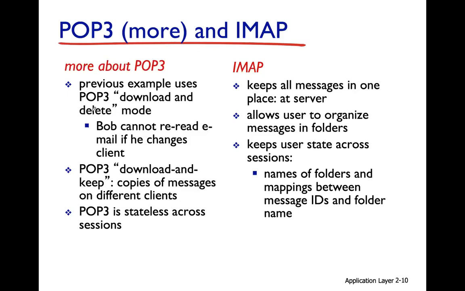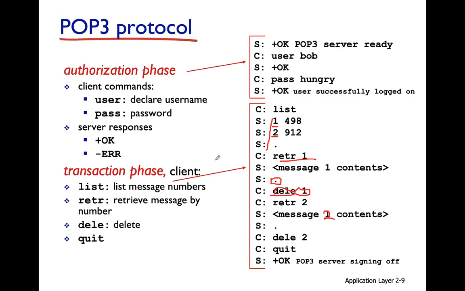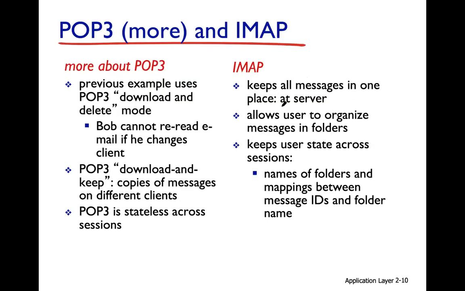The thing is, POP3 is stateless across sessions. So if you quit here, next time you should always do this authorization phase again, so your name and the password are not stored. For IMAP, everything will be stored at the server.